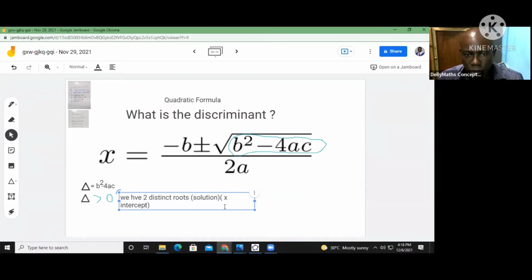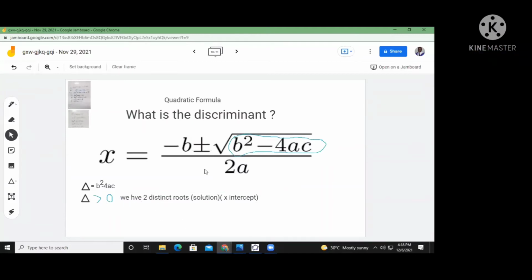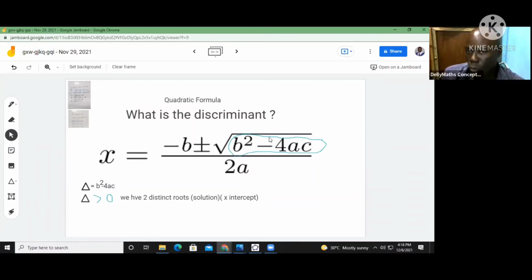I'm just saying to you, these are all the same. So whenever b squared minus 4ac works out to be a value greater than 0, then we have two distinct roots.